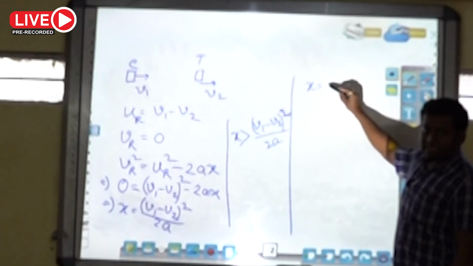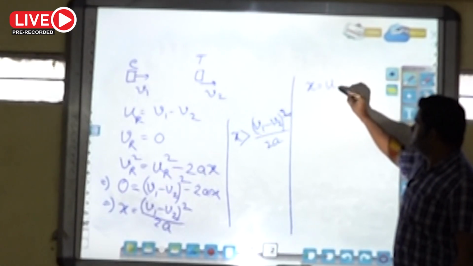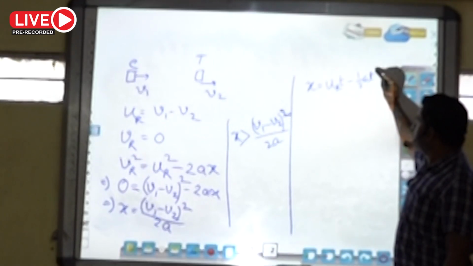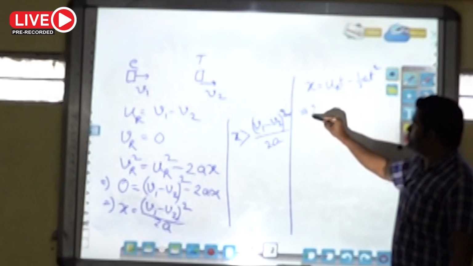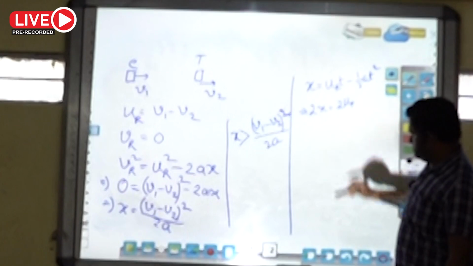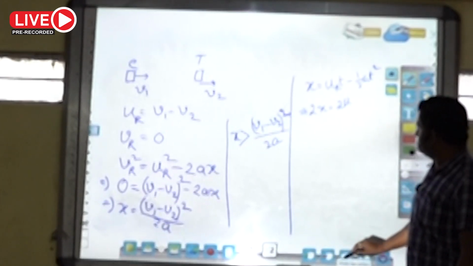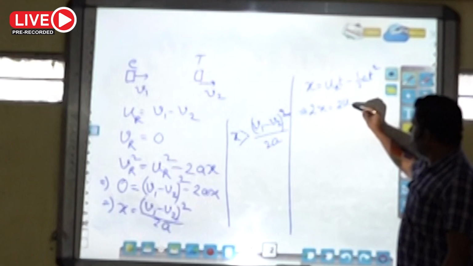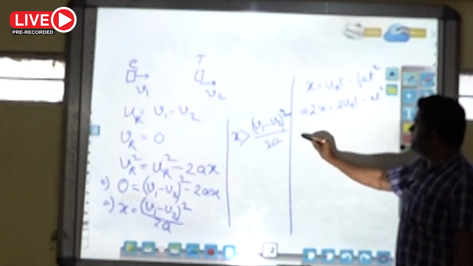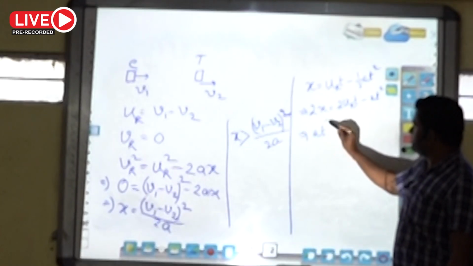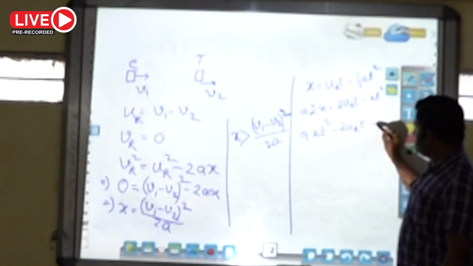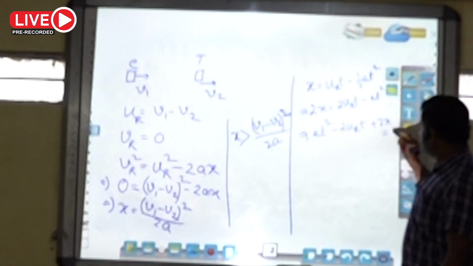X equal to u relative into t minus half at square. So from that you can write 2x equal to 2ur t minus at square. Then we can write at square minus 2ur into t plus 2x equal to 0.